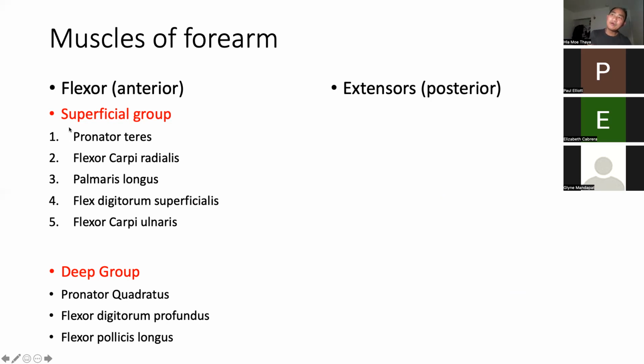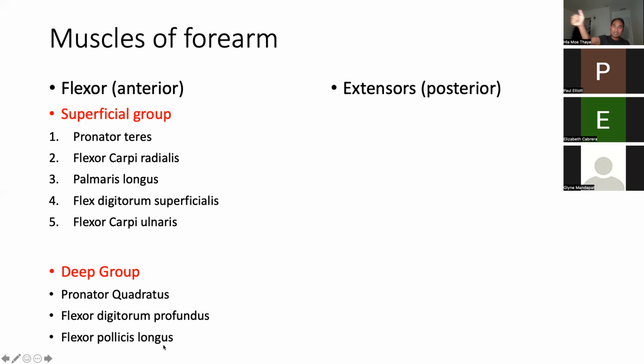We have pronator teres here. We will have pronator quadratus here. And now we haven't flexed our thumb yet. So the name of the thumb is pollicis. So we will flex our thumb and we call that muscle flexor pollicis longus.